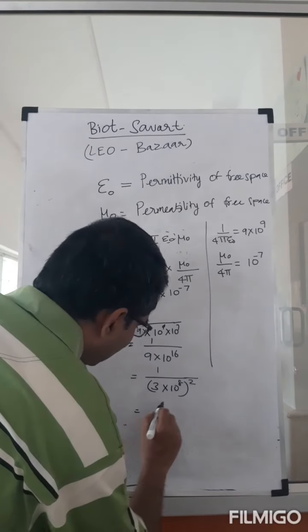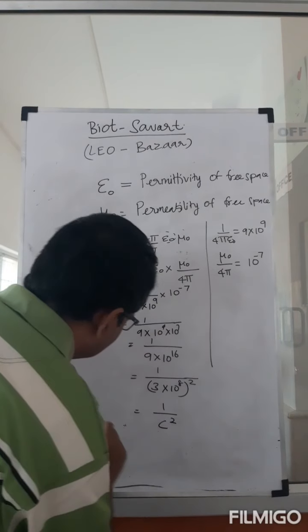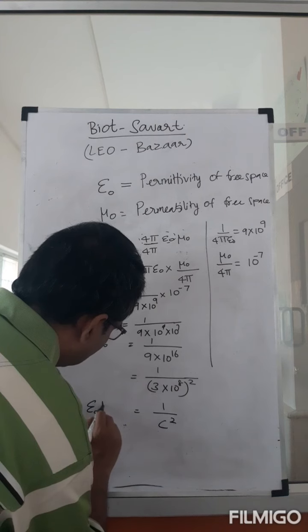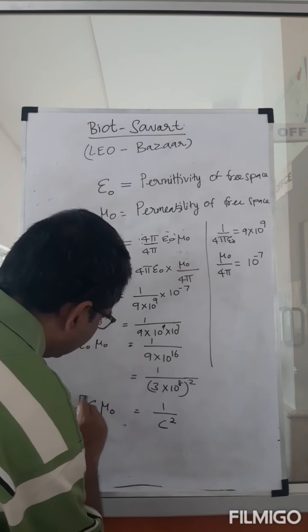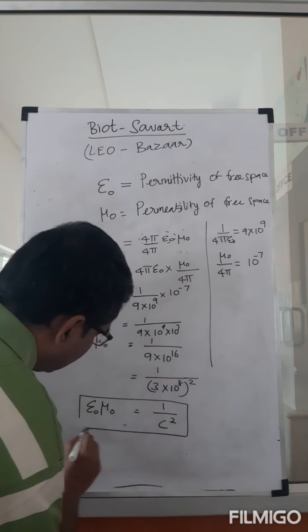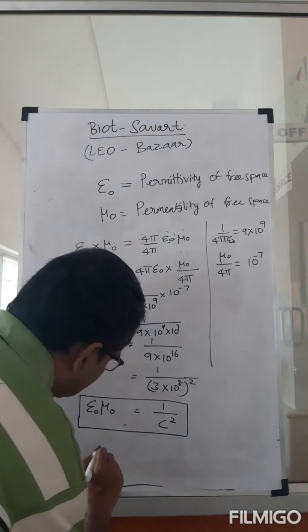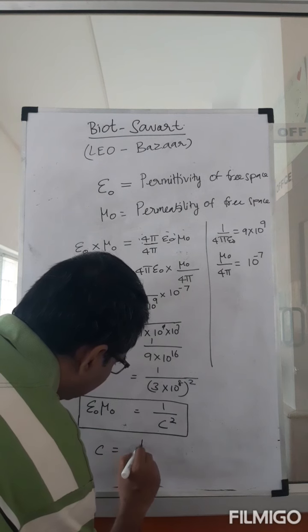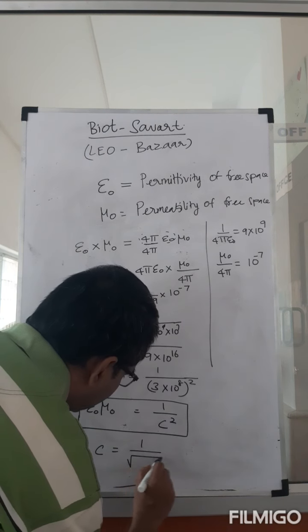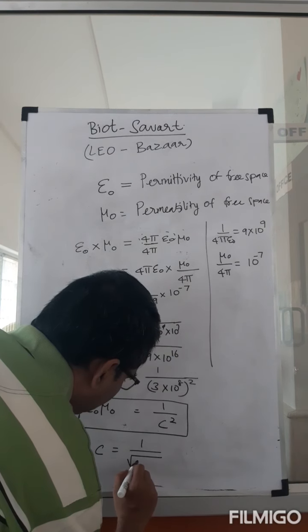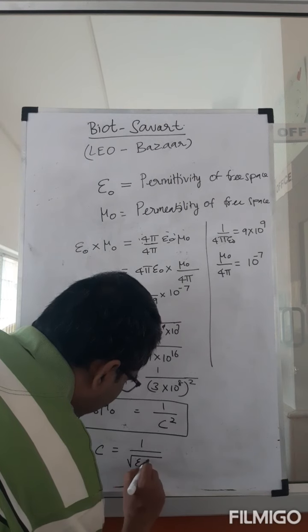So I get 1 by c square. So epsilon naught and mu naught gives you a relationship. Or from this I can say c is equal to 1 by square root of mu naught epsilon naught.